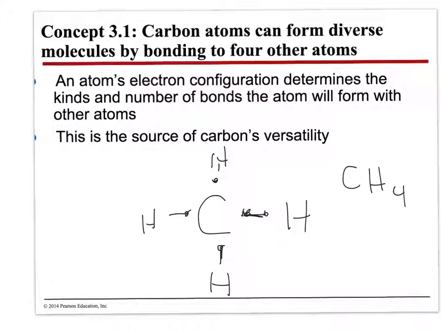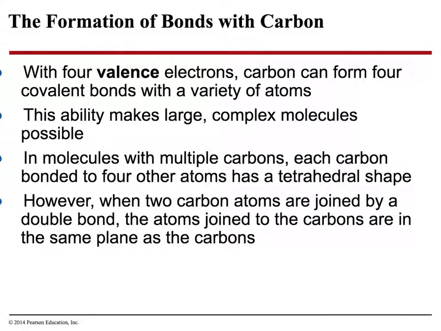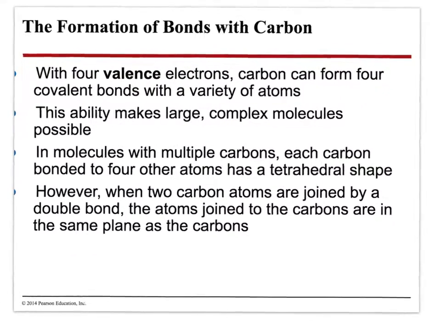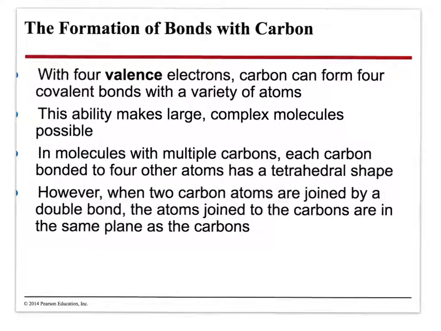So carbon, the central carbon, with 4 covalently bonded hydrogens. So we talked about the valence shell, the fact that there are four valence electrons that enjoy sharing electrons, again, the ability to make large complex molecules.